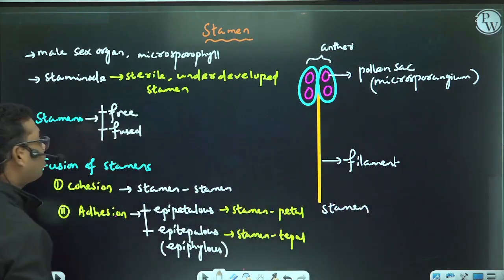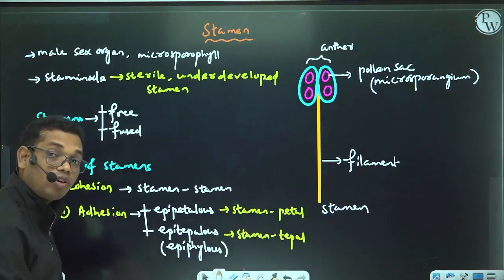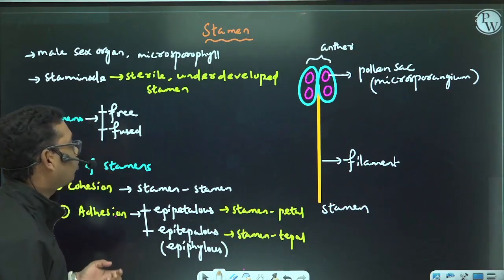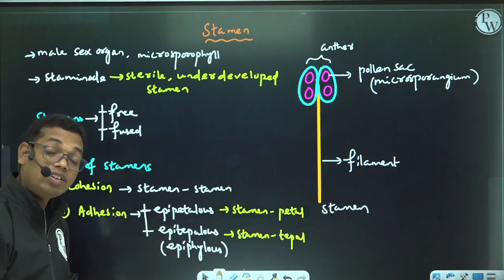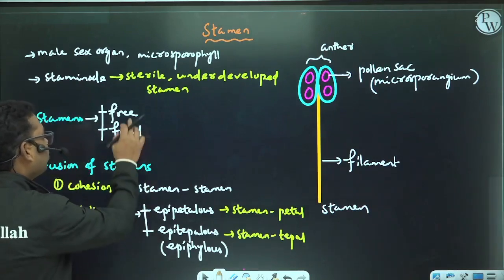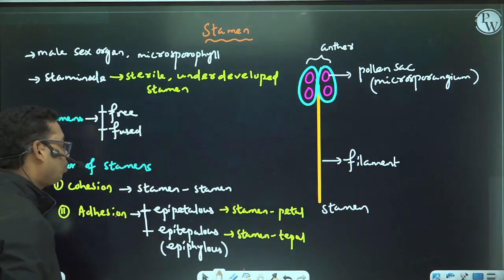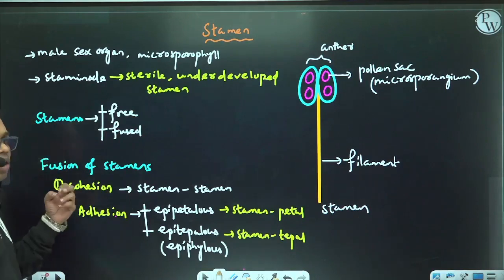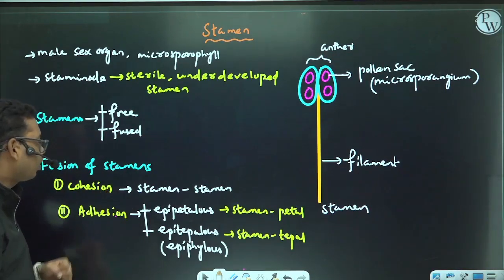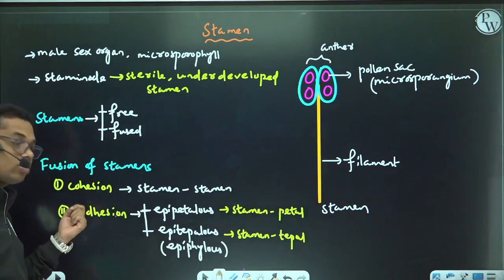The stamens can be absent in a flower or they can be present, and if they are present, their number can be one or more than one, and if the number is more than one, they can either be free or fused. If the stamens are fused, then the fusion can be of cohesion type or adhesion type.